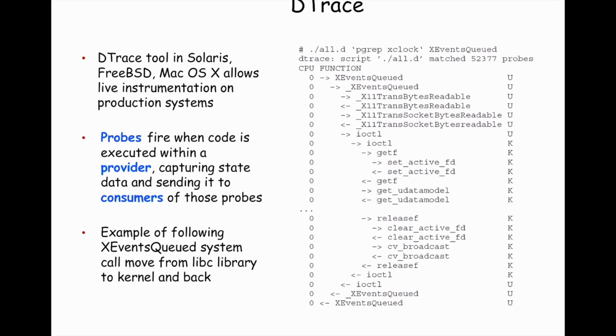It's not important what it is, but it's just to show you a very small snippet of what a dtrace output would be. Here you have X events queued. The next thing it calls is underscore X events queued, X11 transfer bytes, readable bytes, and so forth. It shows you the call stack, the returns from those calls, and the system calls, I/O control, and so forth.